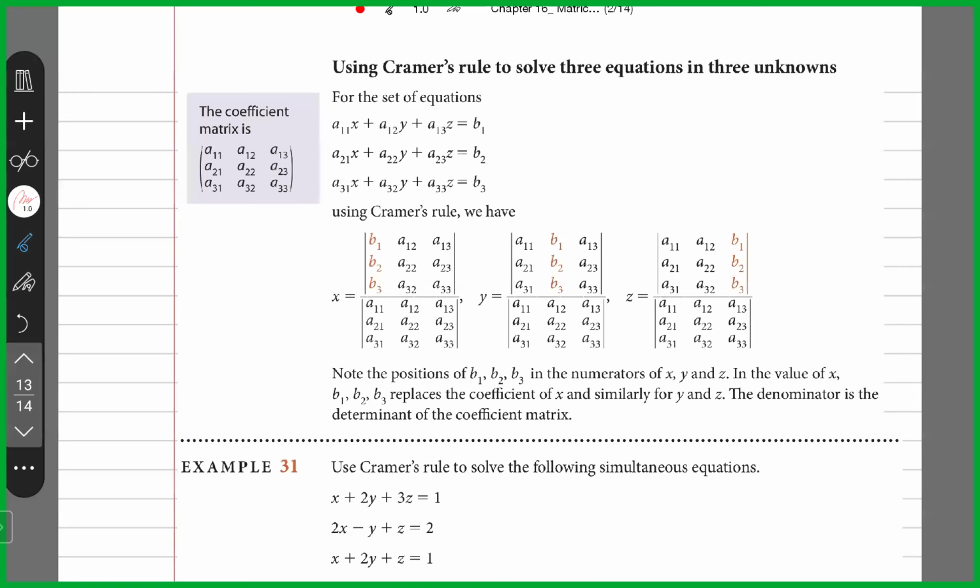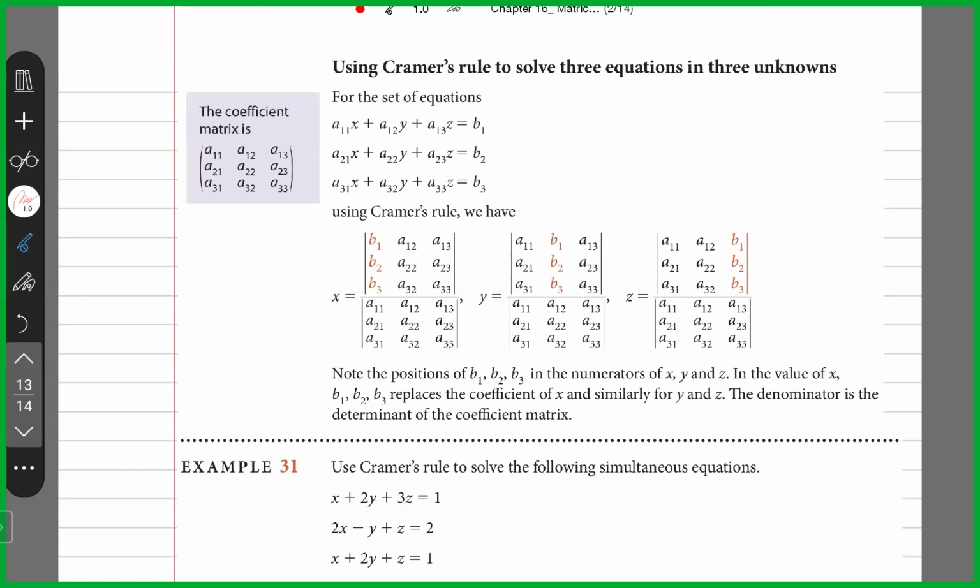All right, so using Cramer's rule to solve three equations in three unknowns. In this example, you have the coefficient matrix to the right, and A11, A21, A31 are your x coefficients.